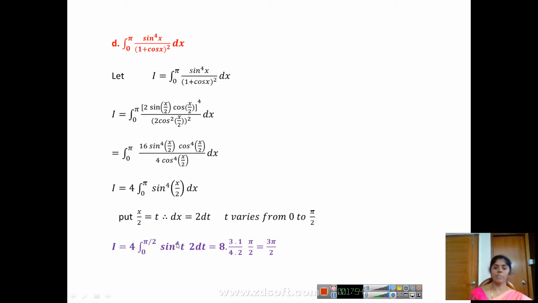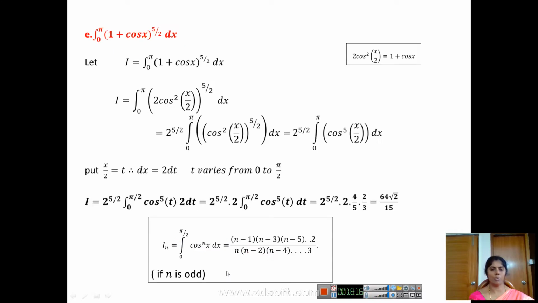We know the formula: if n is even, we have to multiply by pi by 2. Here the formula runs like this way: (4 minus 1) is 3 divided by 4, into (4 minus 3) is 1 divided by (4 minus 2) is 2. So after simplification, we get the answer 3 times pi divided by 2.